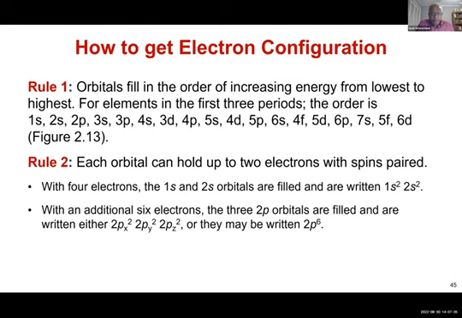Start from the 1s area, then go to the 2s area, the 2p area, 3s area, 3p area. That's the filling order of electrons. If an electron goes to one orbital, it can have 2 electrons with paired up spins. Paired up means one spin is clockwise, the other one is anti-clockwise.